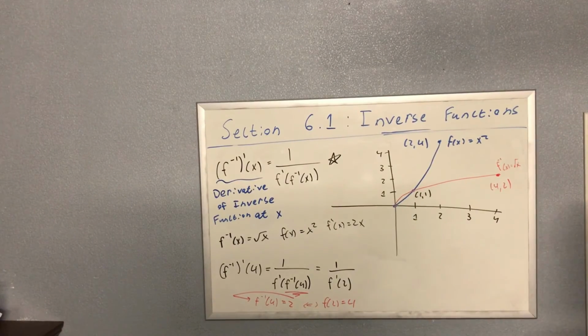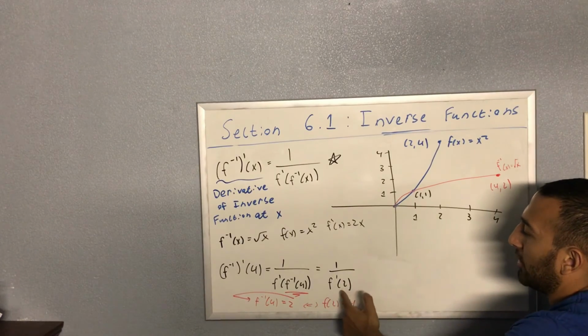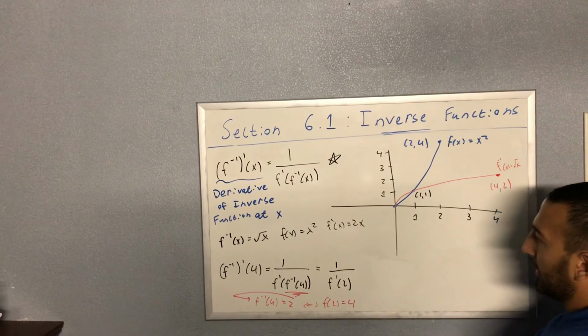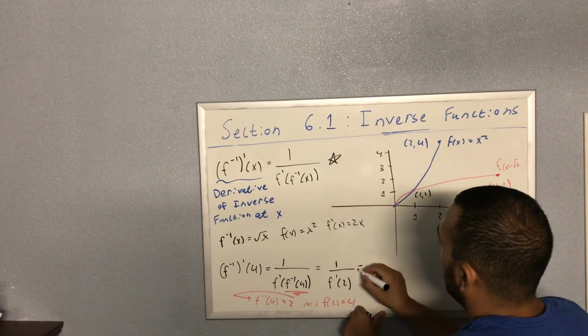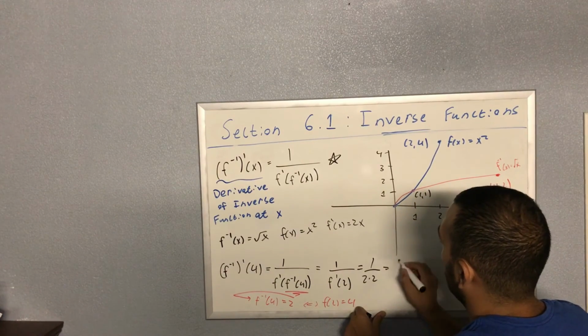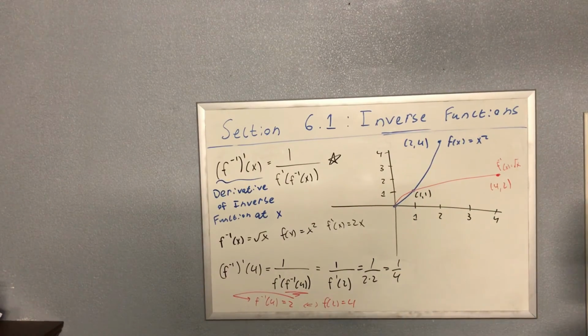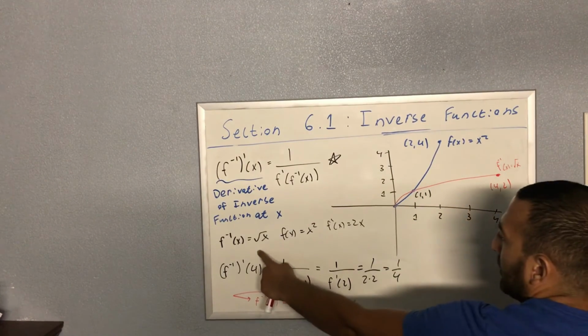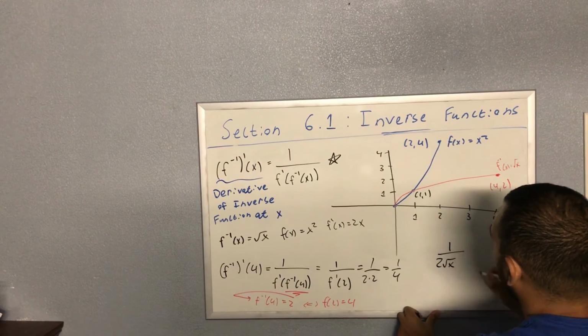Okay, so now that we have this established, we just say this is 1 over f prime of 2. Well, we know what f prime is. It's 2x. So this is just 1 over 2 times 2, which is 1/4. Which again, we explicitly know the derivative of this function. It's 1 over 2 root x.